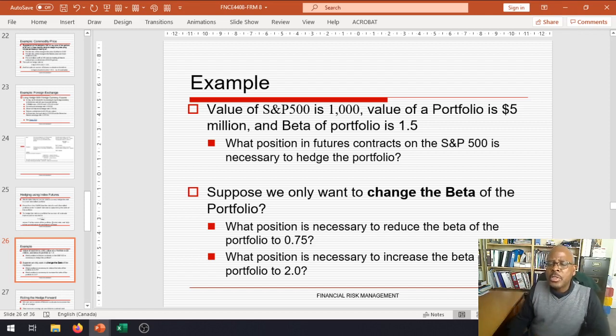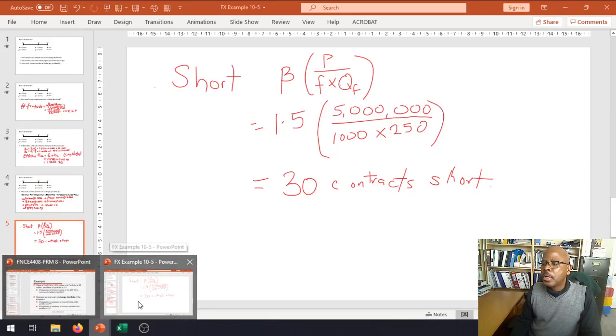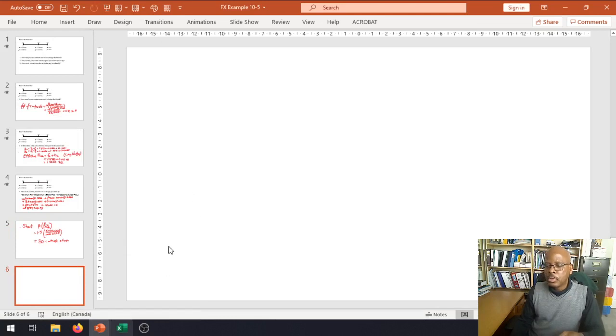The formula changes a little bit, and I'll just put the formula up here. I'm not going to do any example, and I'm probably not going to test you on it in the final exam, but just so that you know what the formula would look like.